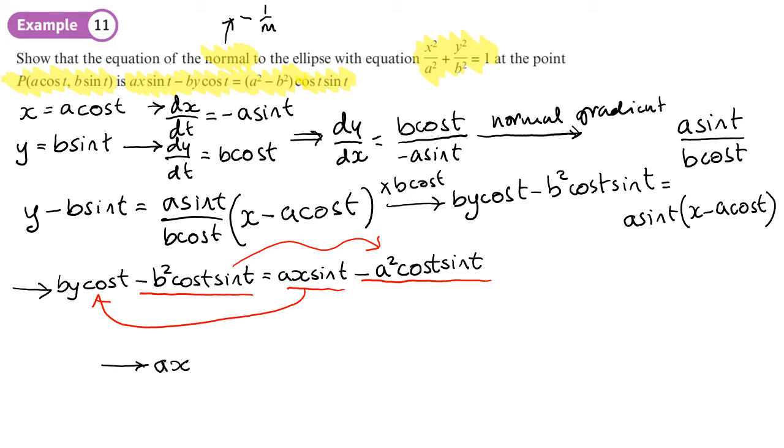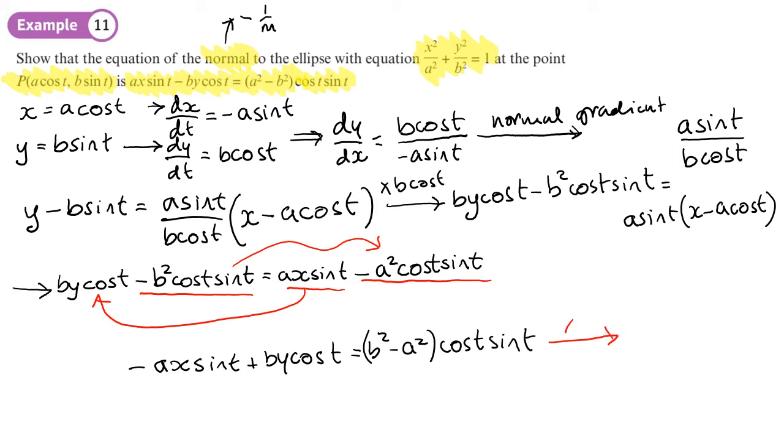So ax sine t would actually be minus ax sine t, so I'm probably going to be multiplying by -1 at some point, plus by cos t equals b squared, now let's factorize it, b squared minus a squared cos t sine t, and then what I'm going to do is times everything by -1, and that will put it in the correct format.